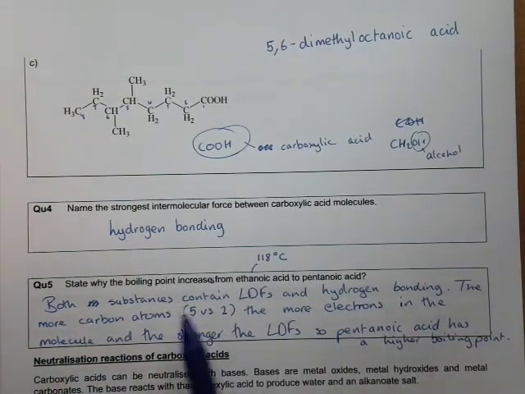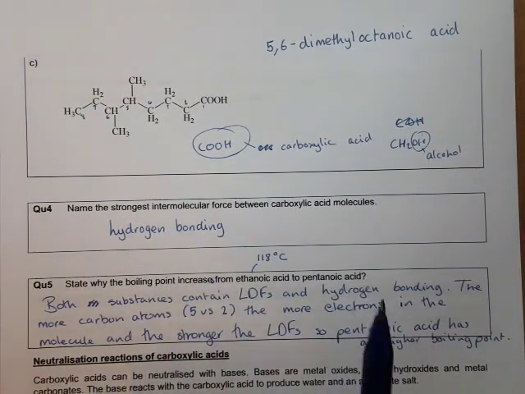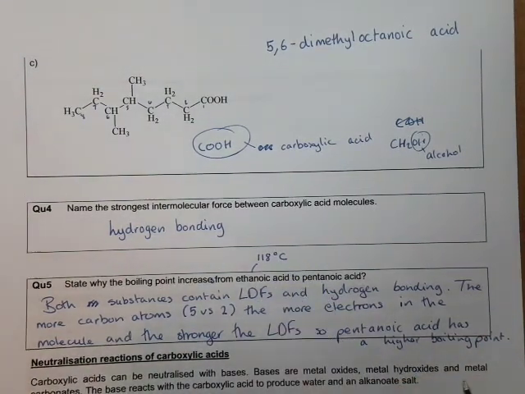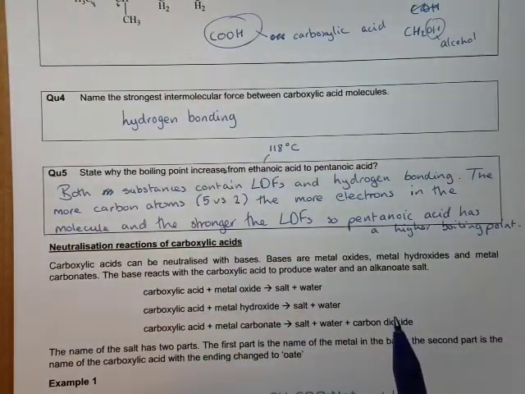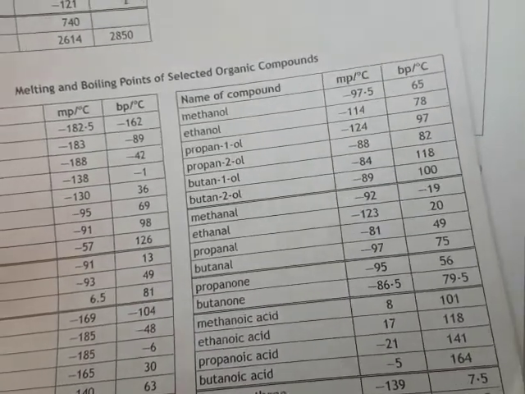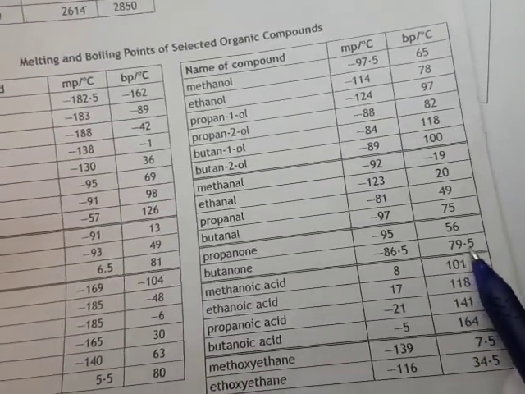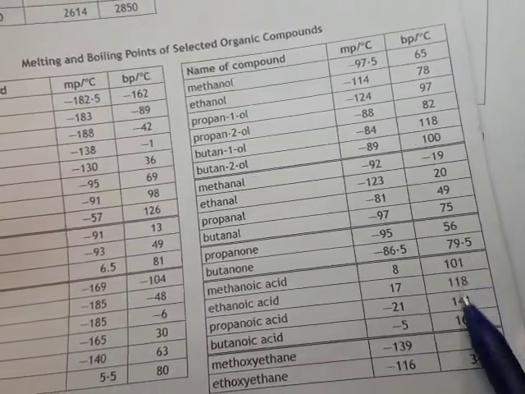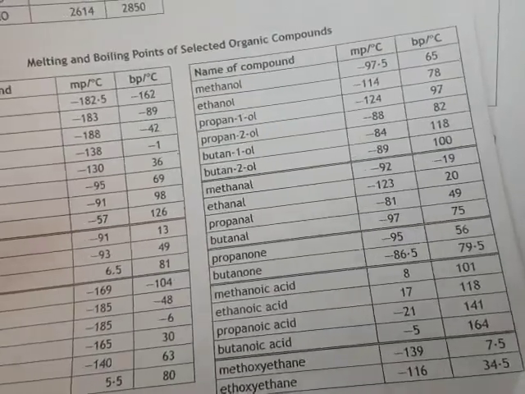And then why the boiling point increases from ethanoic acid to pentanoic acid. If you look this up in the data book, ethanoic acid is 118 degrees C. It's going to increase. We don't have pentanoic acid in the data book, but you can see there that the trend is that the boiling point is increasing as the number of carbon atoms increase.